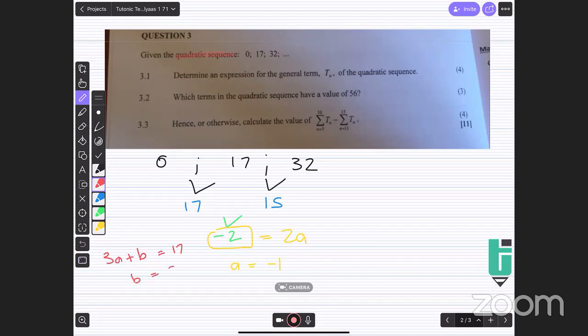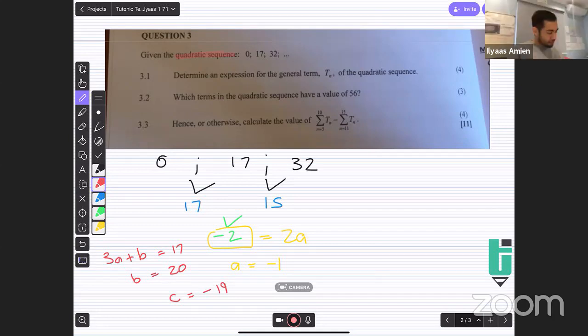Then a plus b plus c is equal to 0, so -1 plus 20 plus c, and then you get c is equal to -19.